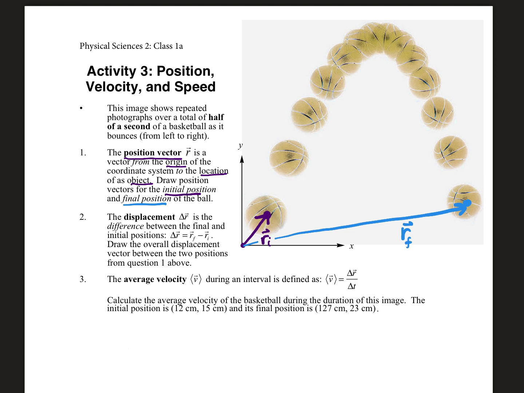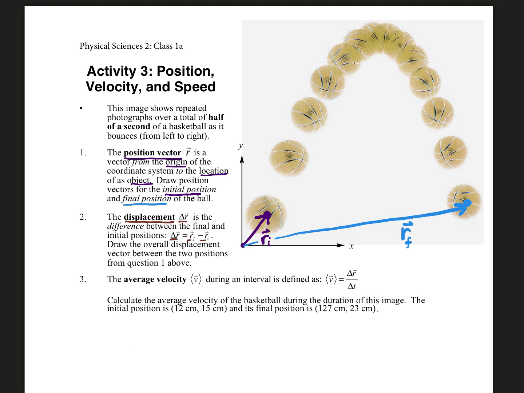And then our third definition that we'll think about is the displacement, which is a vector, delta r, so the change in r from the initial to the final position. And whenever you see a delta, this change in r, it's going to be the final minus the initial.